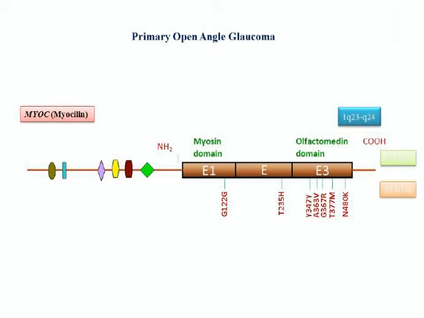Going back to the second point I mentioned, the extracellular matrix increases the pressure. There is a mutation called glycine 367 arginine. Compared to the 1,000 POAG cases, this one particular case is very big. It means he keeps coming to the hospital.